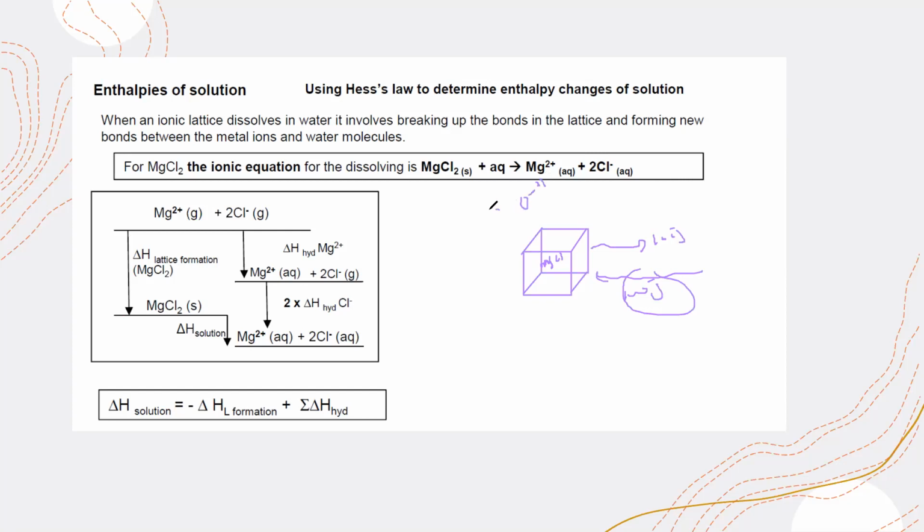When we add a salt to water, the ions attract water and form bonds, which releases energy. If this hydration energy is higher than the lattice energy, then the lattice will break down and the substance will dissolve. But if the lattice energy is higher than the hydration energy, then the substance will not dissolve.